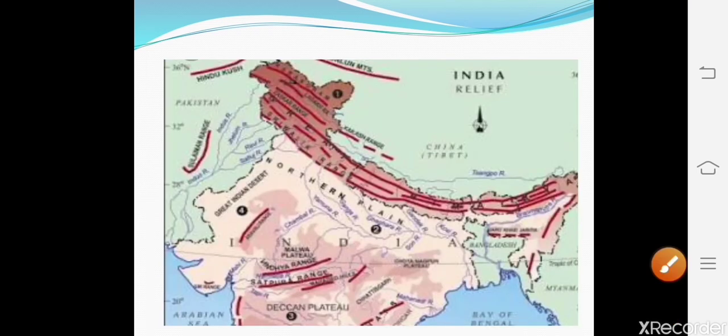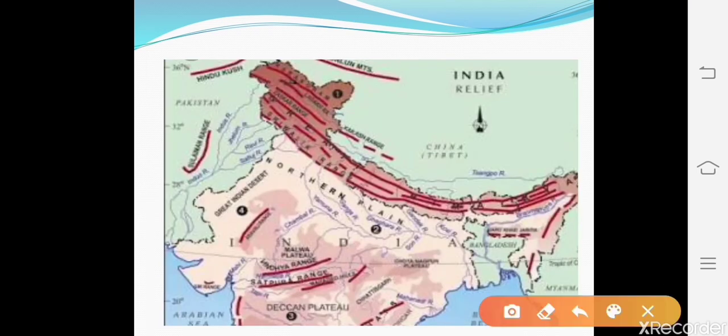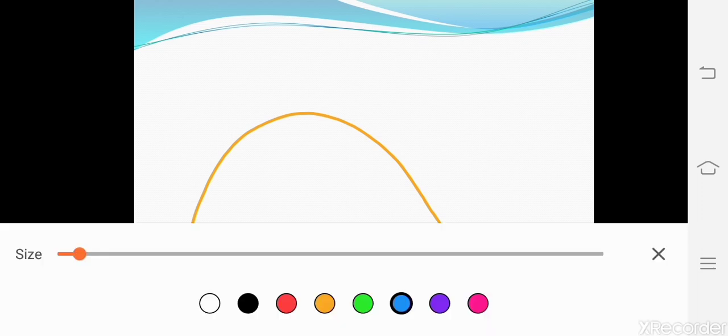Bhabar belt lies parallel to Shivalik range from river Indus to river Tista. Now this is an 8 to 16 kilometer wide belt. Now how is it formed? Suppose this is a mountain river which is starting from the mountains.